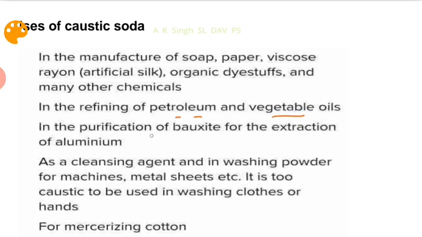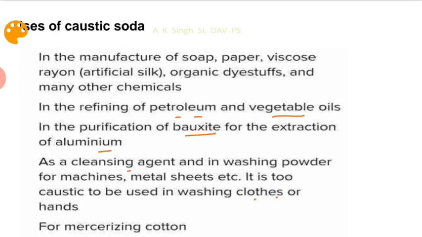It is also used in the purification of bauxite for the extraction of aluminum, and as a cleaning agent in washing powder, meaning sodium hydroxide is also used as a cleansing agent in washing powder for machines, metal sheets, etc. It is used in washing cloth or hands.